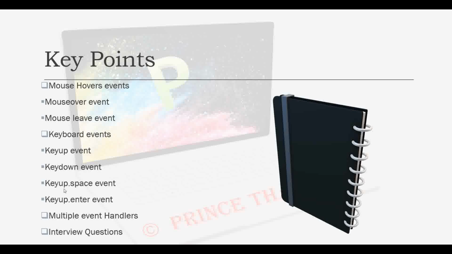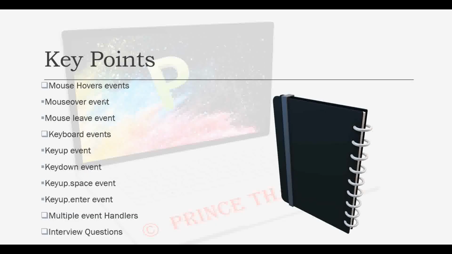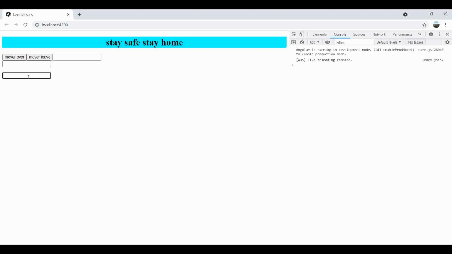We will go for the third, that is the key up space event. For that I will create one more input, paste it here, again use a BR tag, and here I will use keyup.space and save it. Now try to execute.